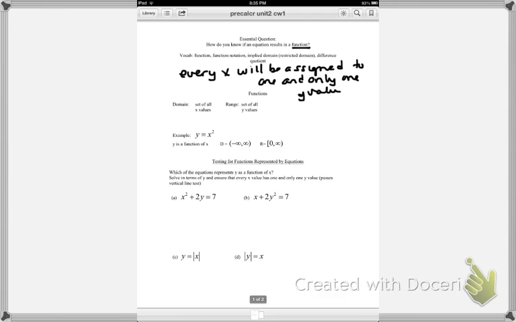In other words, this equation, this relation, must pass a vertical line test. The x cannot repeat itself.